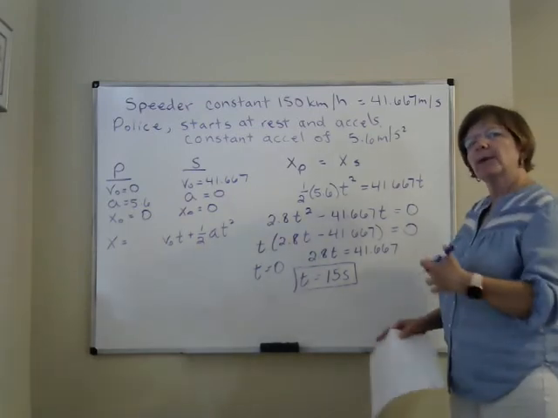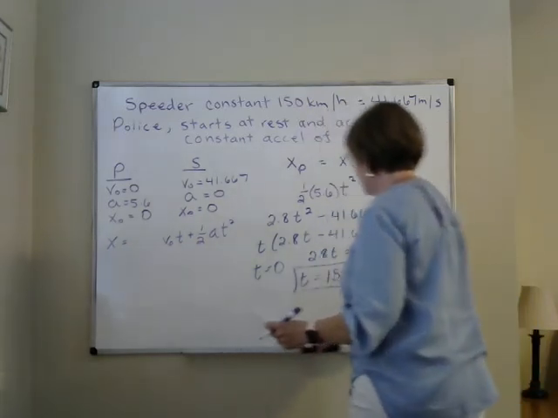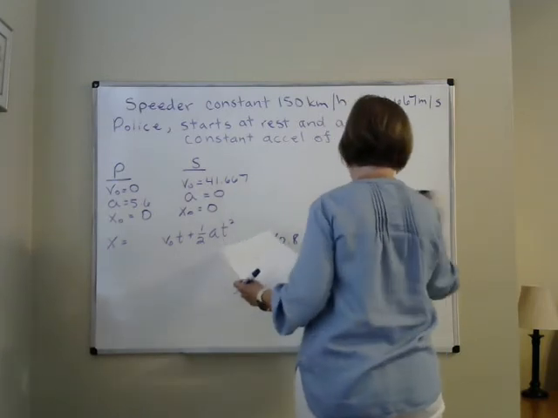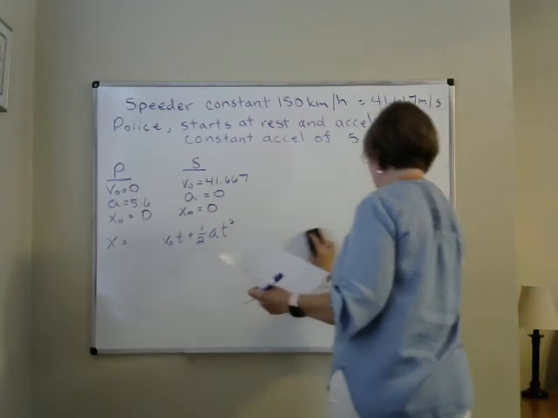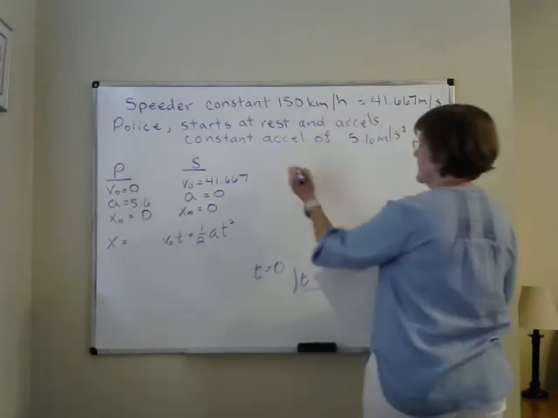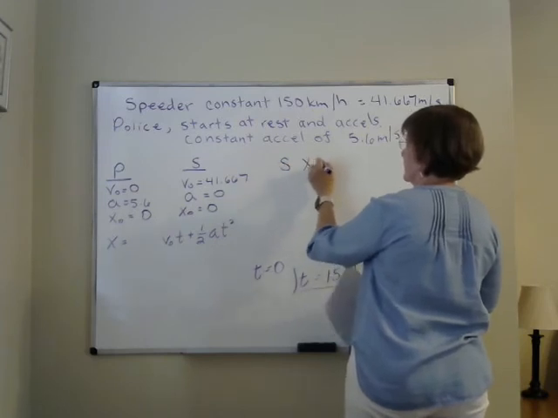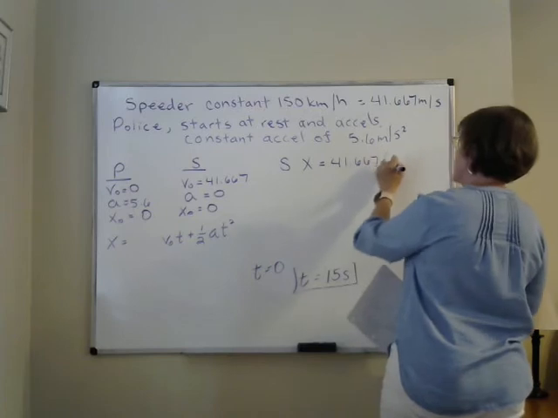We can go back, we can even see how far they traveled. How far would they travel in 15 seconds? Let's see. If you're traveling at a constant speed, the speeder would travel 41.667 times 15.